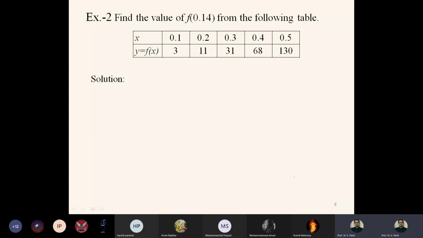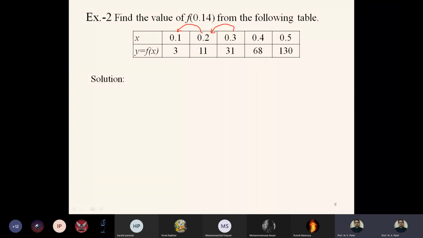So what is your step size of x? 0.1. Consecutive, very good. You have to do consecutive subtraction. If it is not directly clear, you can do 0.2 minus 0.1 or 0.3 minus 0.2. If you subtract x values, they are always equal. So here our step size is 0.1.